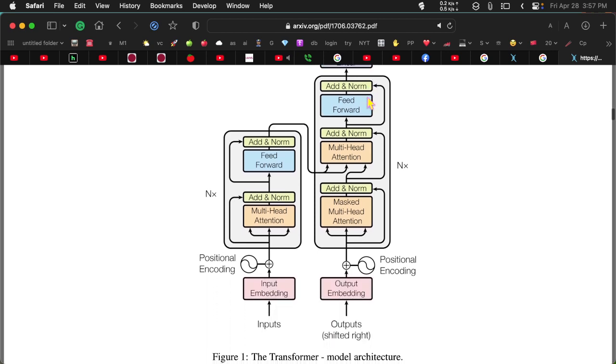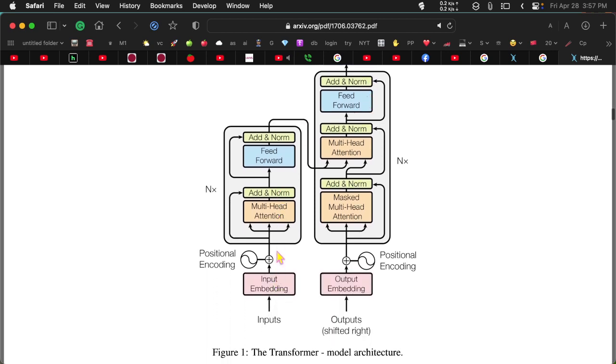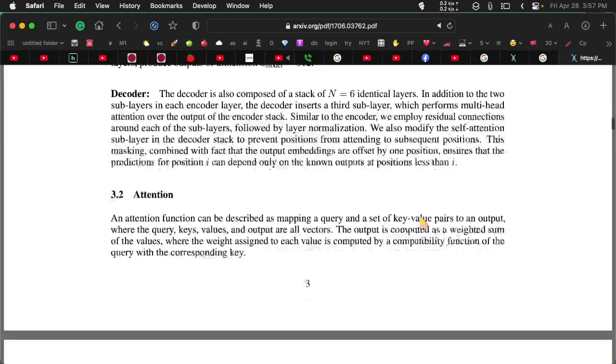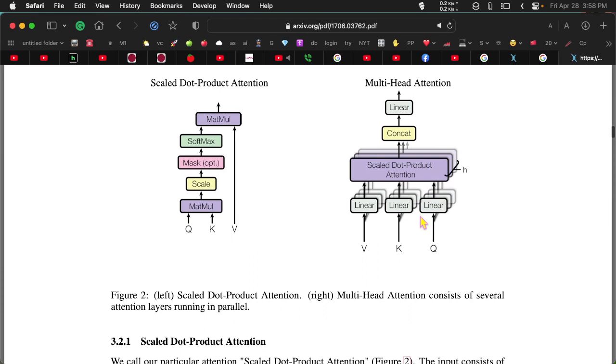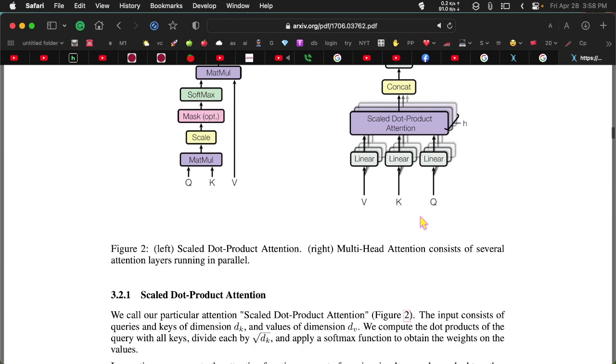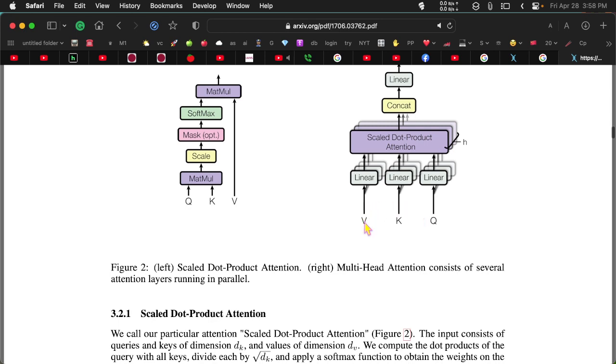So when these come through here, this multi-headed attention that it goes into first looks a bit like this.